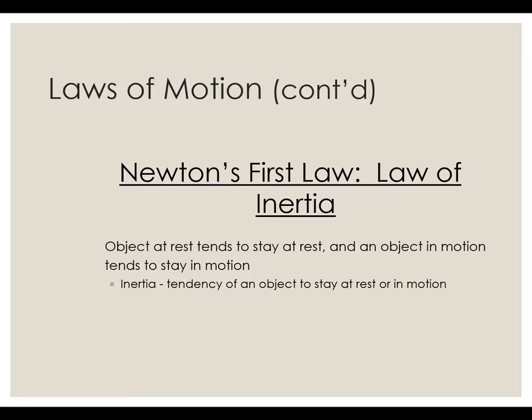When it comes to the first law of inertia, we say object at rest stays at rest, or it tends to, and an object in motion tends to stay in motion. So if we are in that same car and we are driving along and we, as the force, slow the car down, our body stops with the car. Okay?